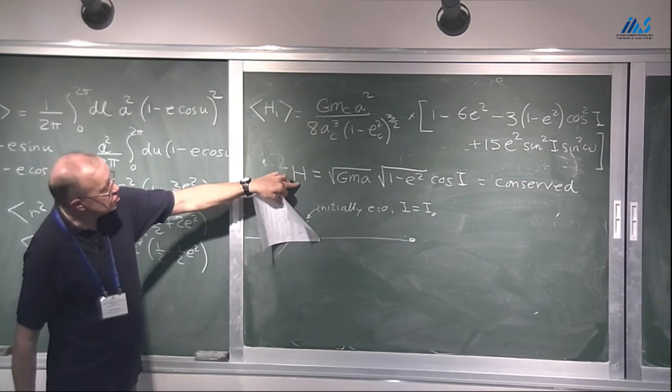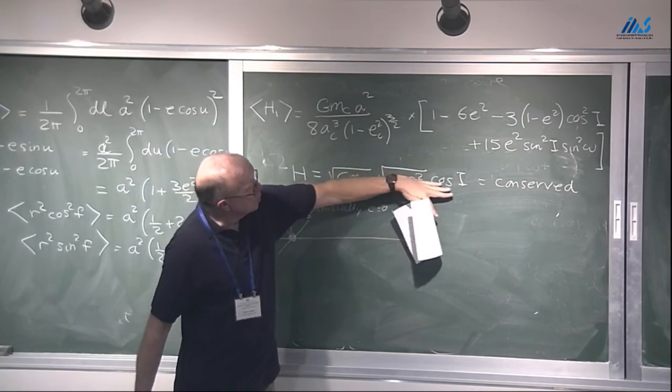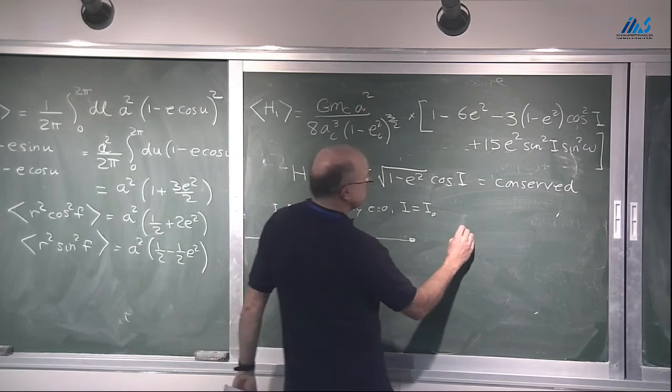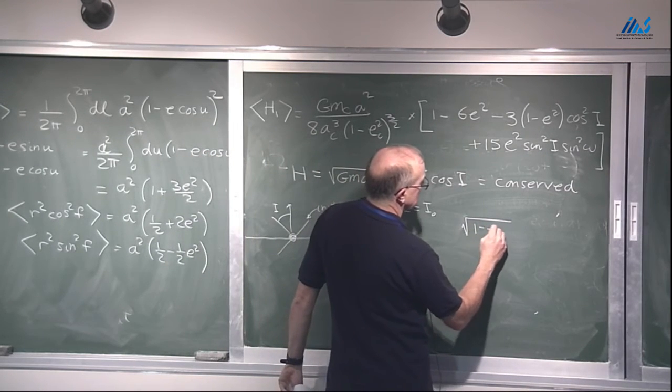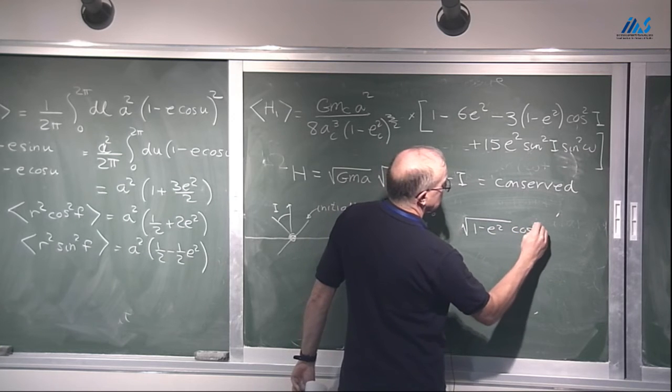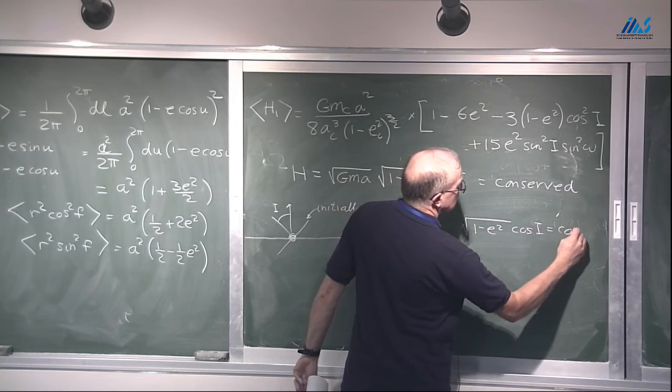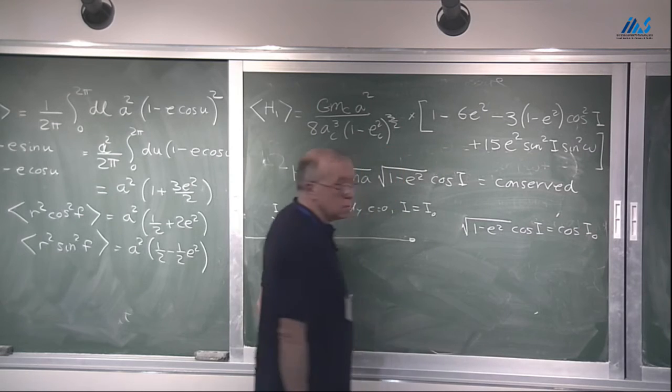Since h is conserved, however the orbit evolves, it has to evolve so that square root of 1 minus e squared cos I is cos I0.